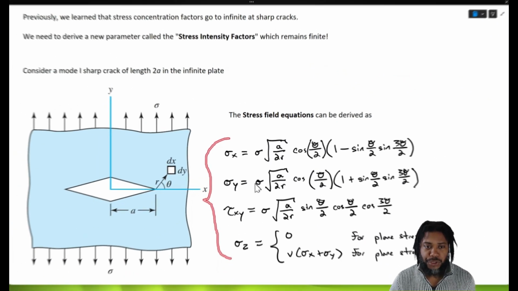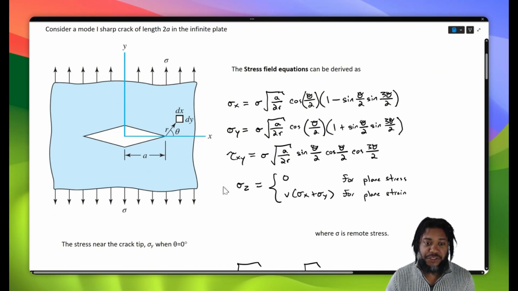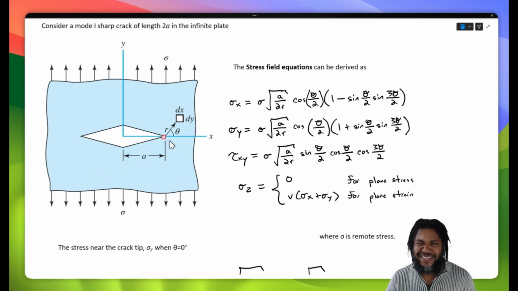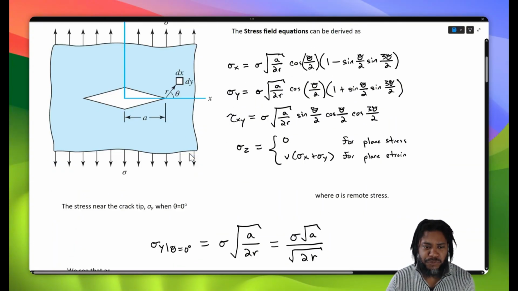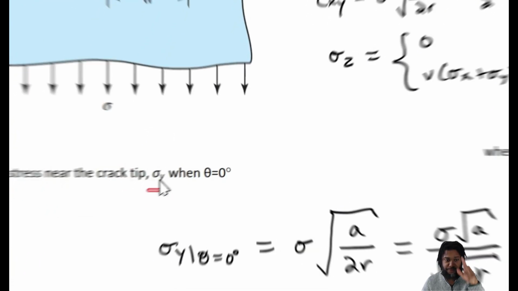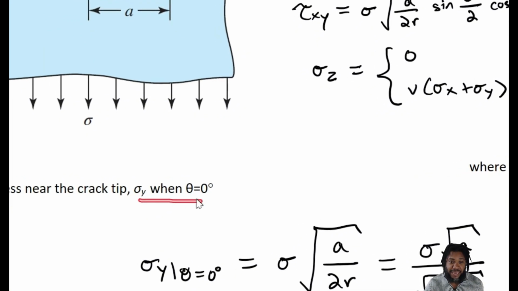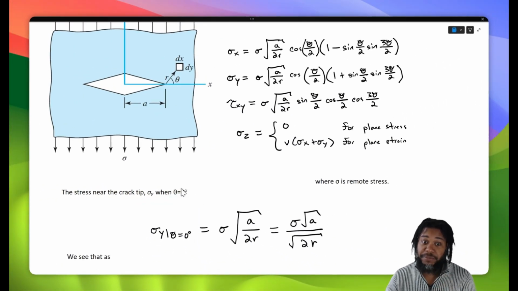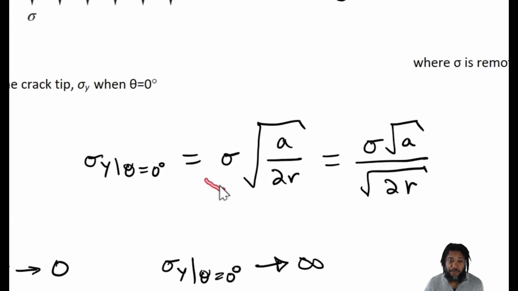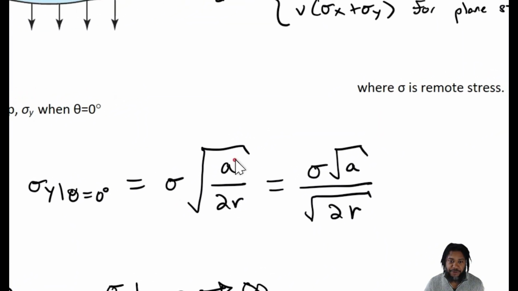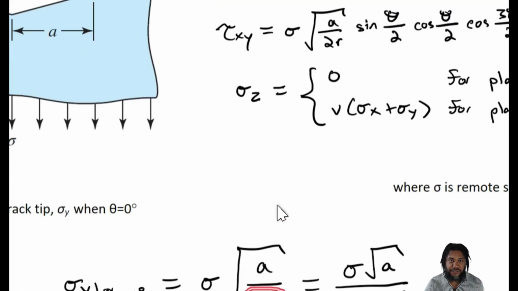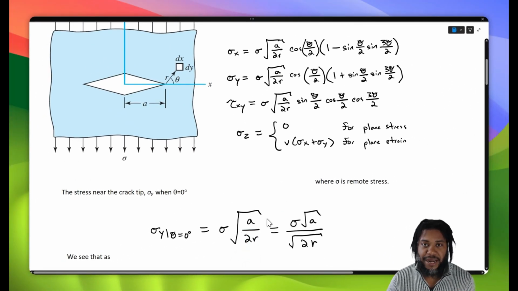Now, with these equations in hand, we can start to evaluate the stress right at the tip of this crack. The stress near the tip of the crack in the y direction, in the direction of loading, when the angle theta is equal to 0, simplifies as follows: sigma y at theta equal to 0 is equal to the remote stress times the square root of a, which is half of the crack length, divided by the square root of 2 times r, where r is the distance from the crack.